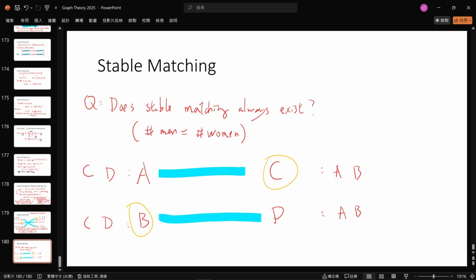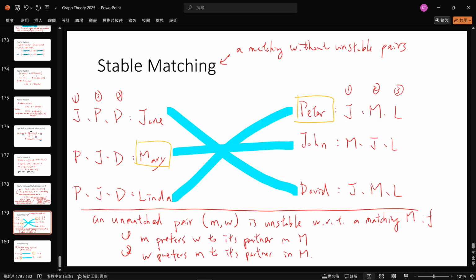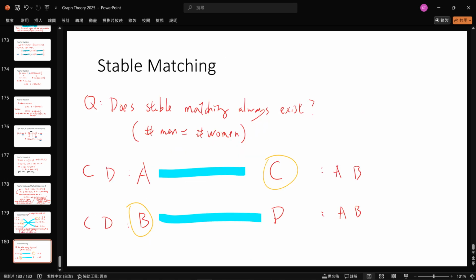So B indeed prefers C to D, all right? Because according to the preference lists, B's favorite is C, and in the matching, it is matched to D. So yes, we have satisfied the first constraint. So B prefers C to D.